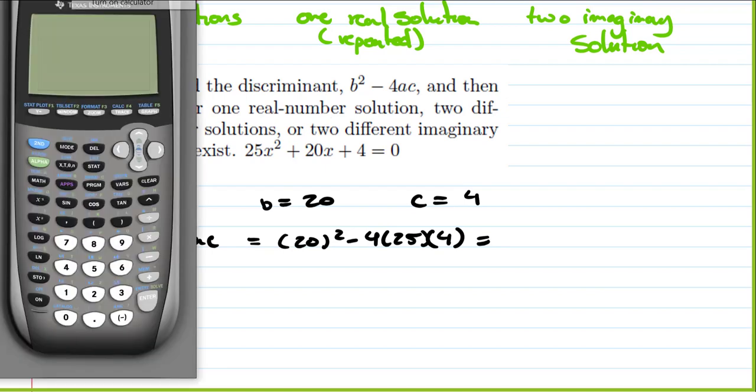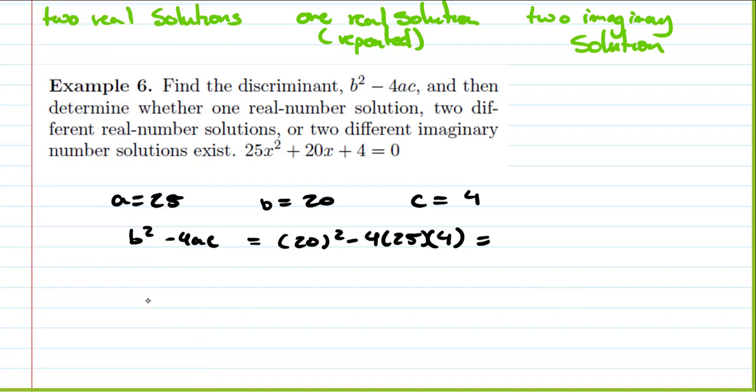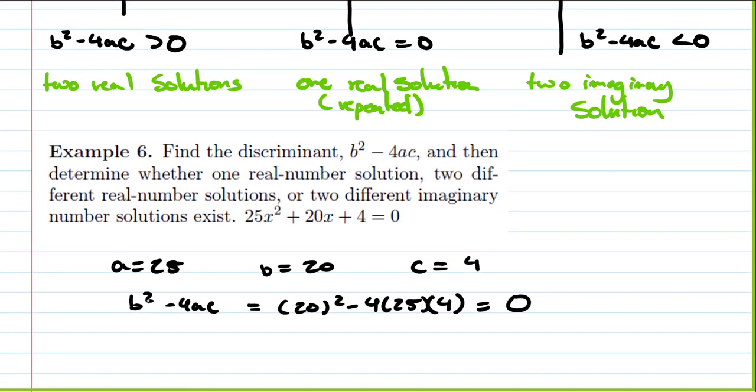So we have the following: 20 squared minus 4 times 25 times 4, and that gives us 0. So then we look at our 3 possibilities.